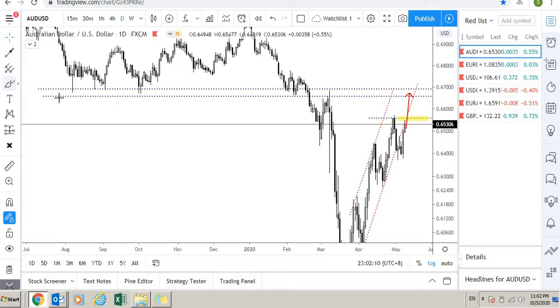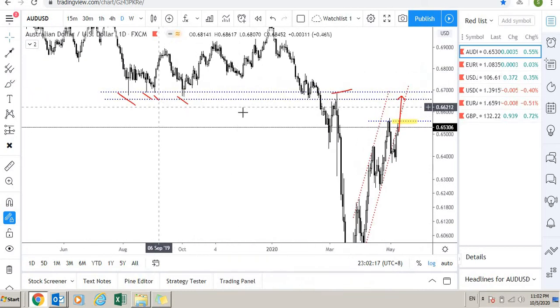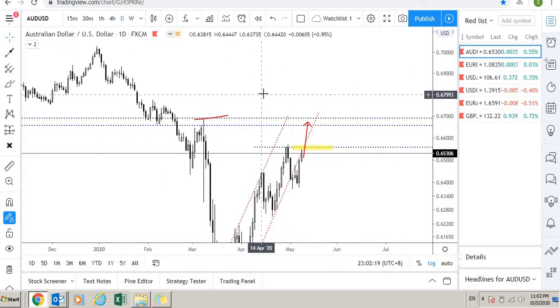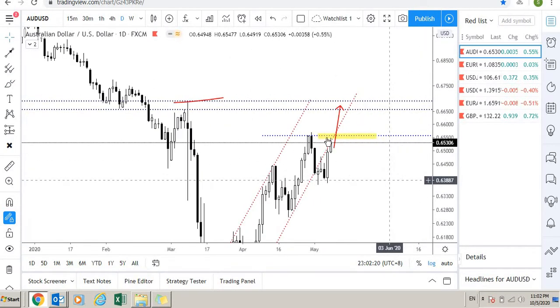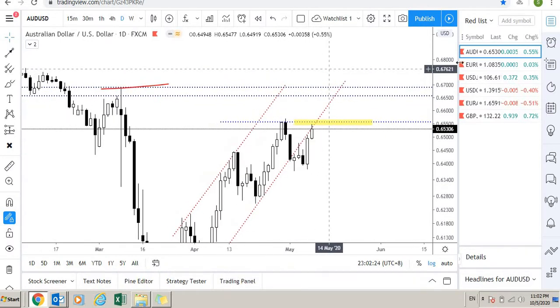For this resistance point, we have a few rejections here, so we can see it's a strong resistance area. So this is the trade idea for the AUDUSD.